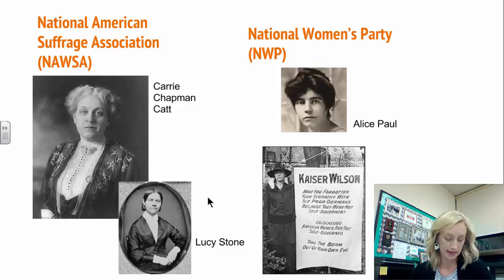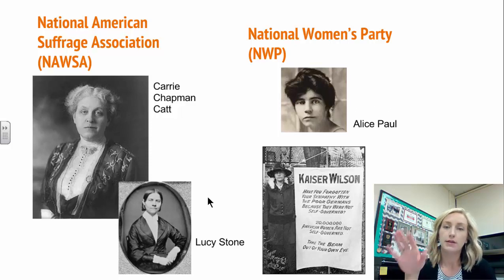It will certainly happen. They used more ladylike methods and tactics to send the message and work towards women's suffrage. They did not want to protest the president, President Wilson at the time. They wanted to keep him on their good side, and so they did not protest.